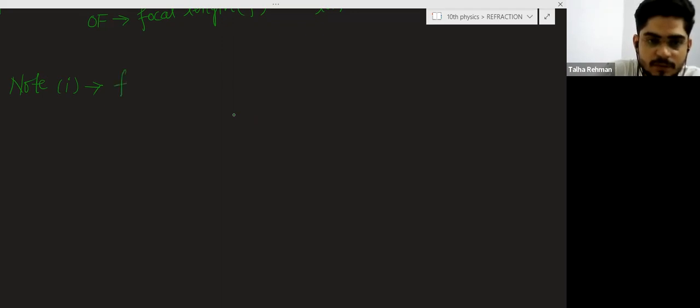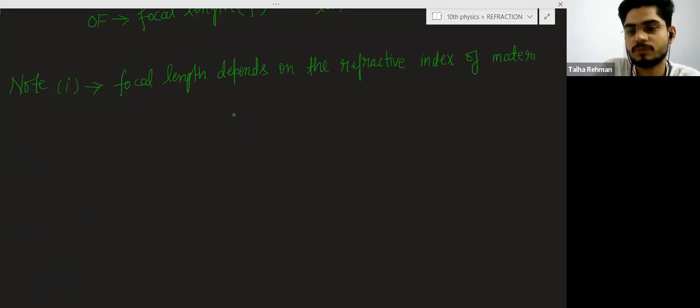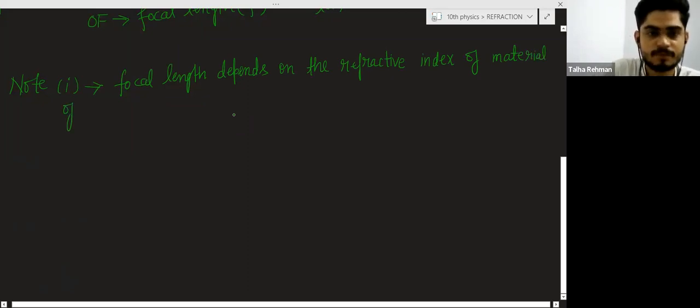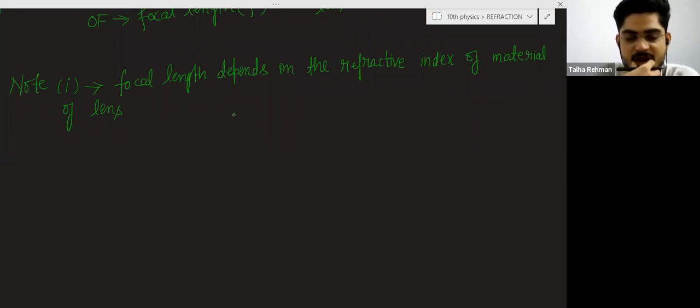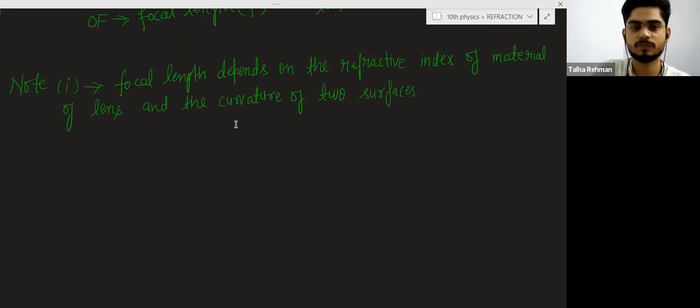So you can write: focal length depends on the refractive index of material of lens, and the curvature of two surfaces. This is the first note point.